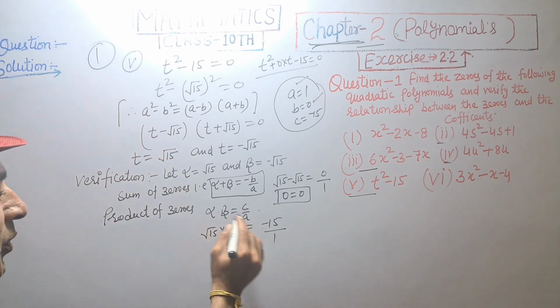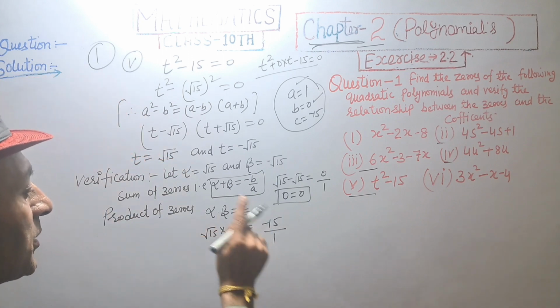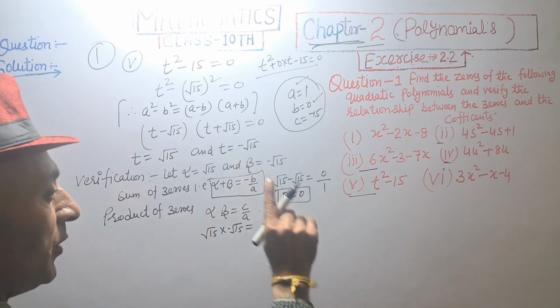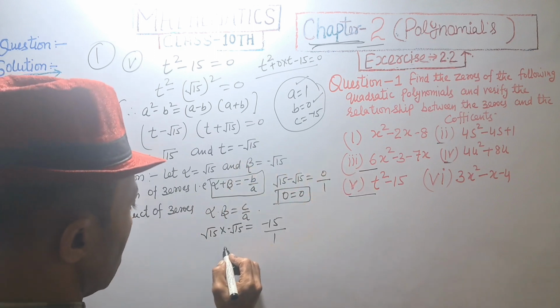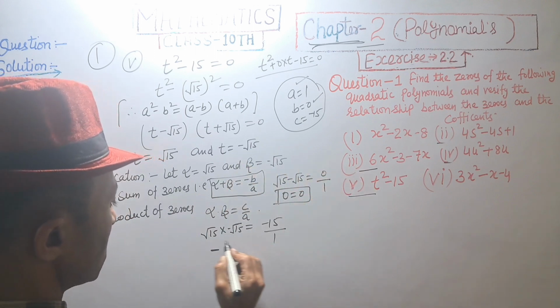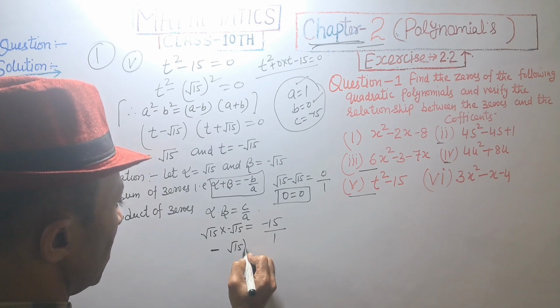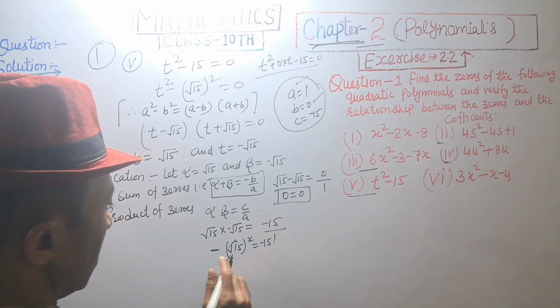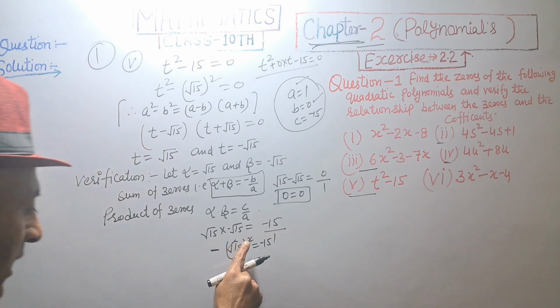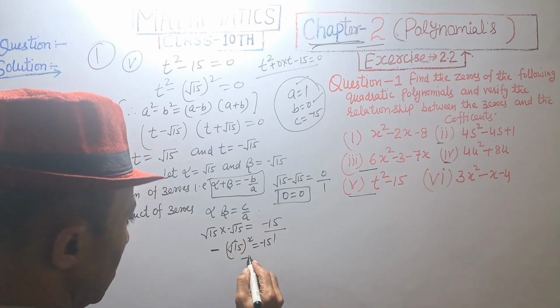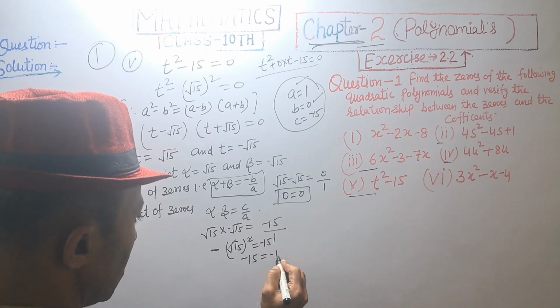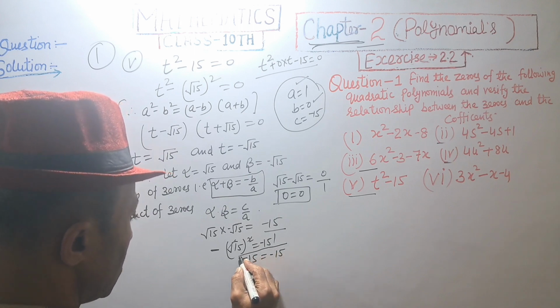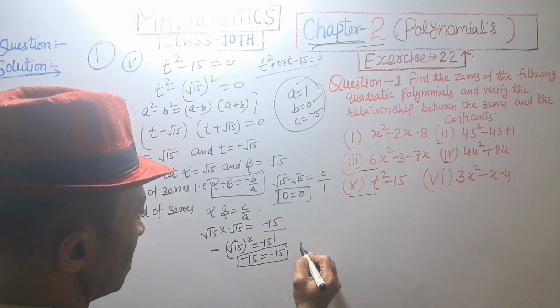Product of root 15 into minus root 15, that is minus root 15 square, minus under root 15 square equal to minus 15. Root square is cancelled. Minus 15 left side, minus 15 right side, hence verified.